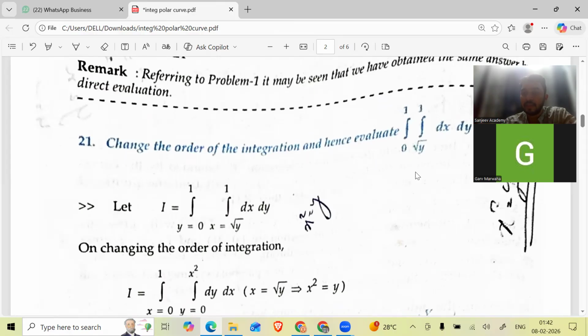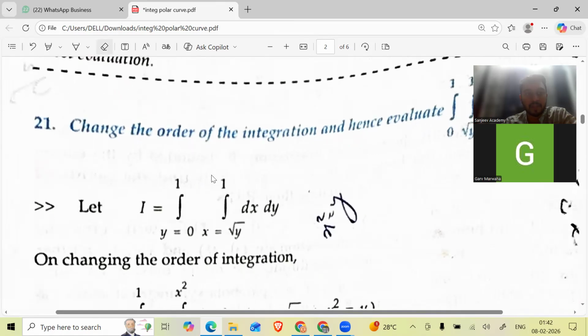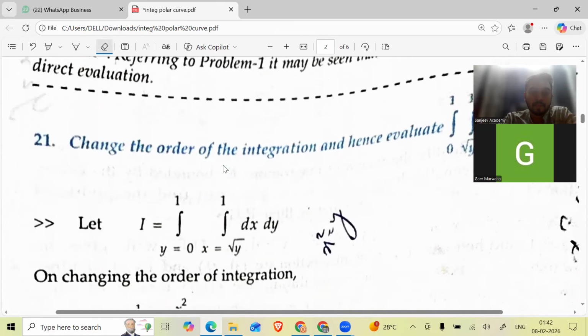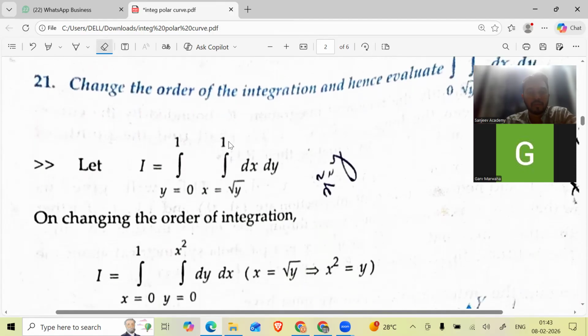Again, see this question. It is y. I'll just zoom it here and I'll mark it with the yellow shade also. Later on, I'll tell you about the change of order of integration, everything. That you don't worry. The yellow marker which I did now is equal to root y.